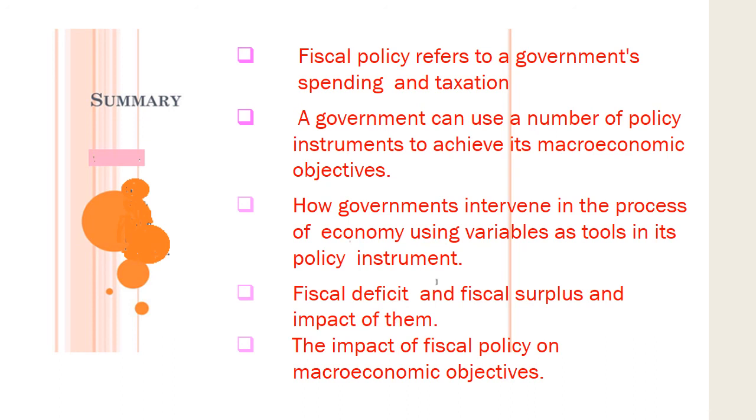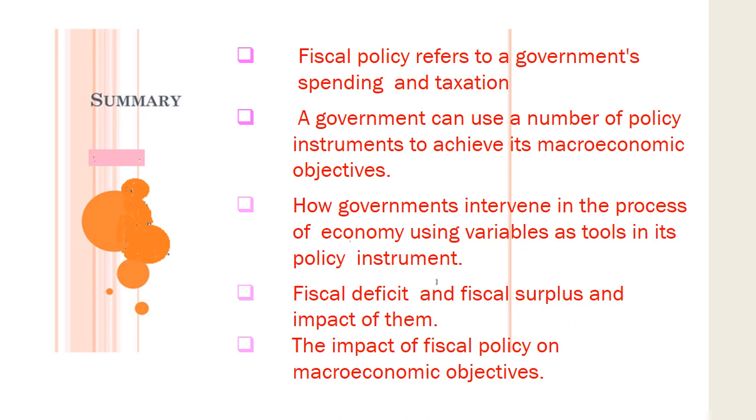Fiscal deficit occurs when the government spends more and earns less, whereas fiscal surpluses occur when the government spends less and earns more through taxation. And also we learned at the end of the lesson how the fiscal policy can impact macroeconomic objectives.